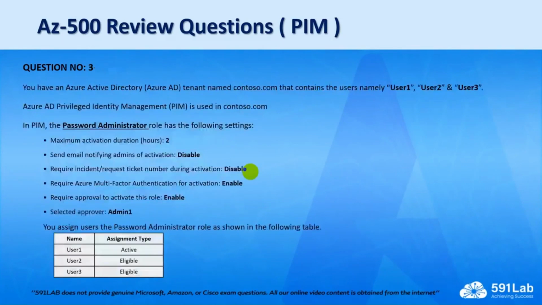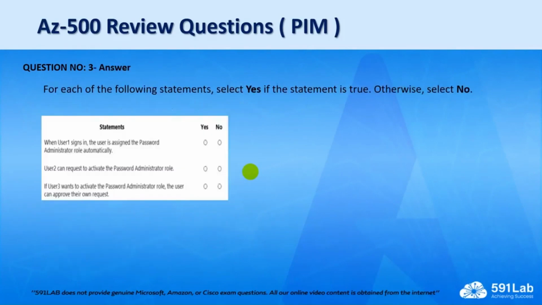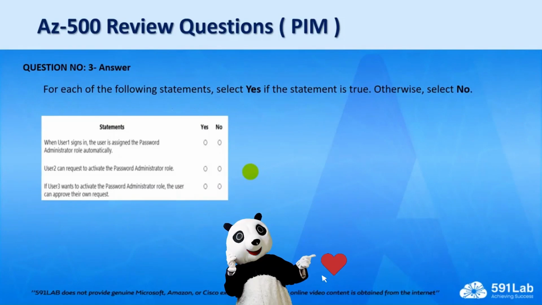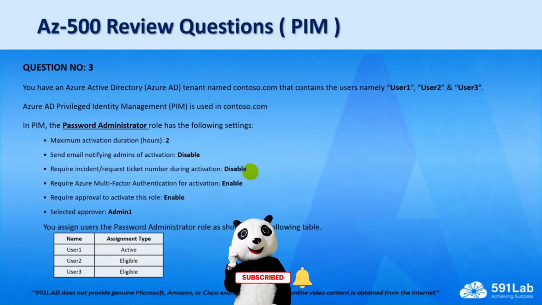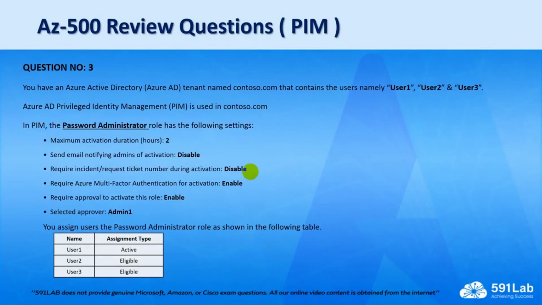Let's go back to the question. User 3 is eligible. So one thing is clear, that user 3 can initiate the activation for the password administrator role because user 3 is eligible. Now, if you look at the options, select approver is admin 1 and require approval to activate this role is enabled.